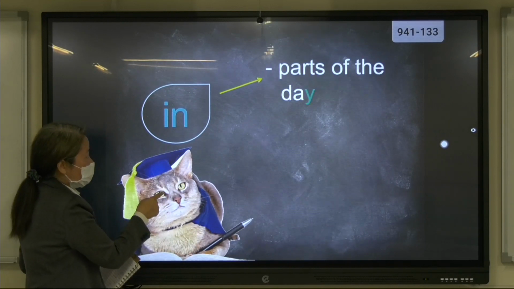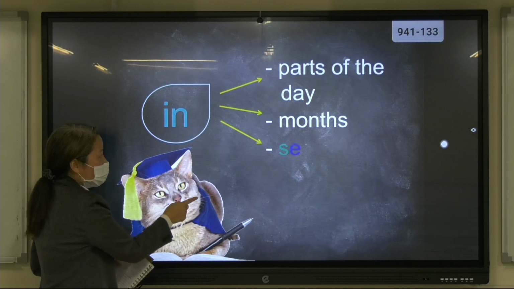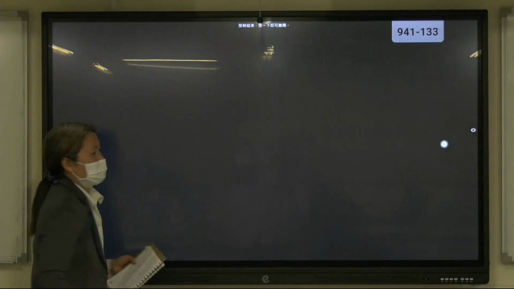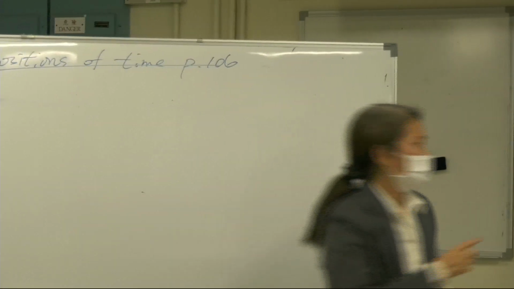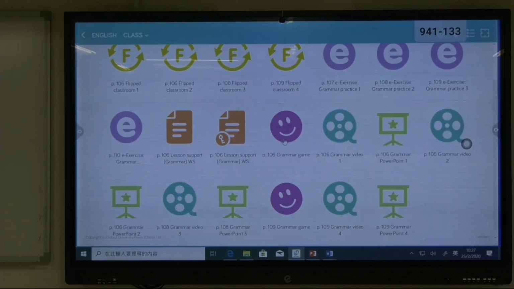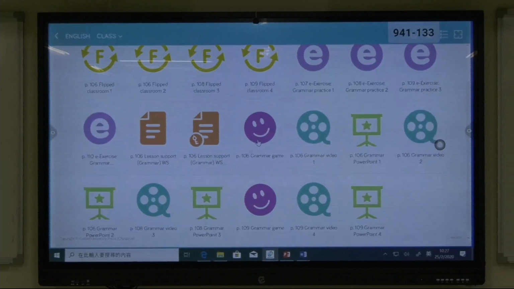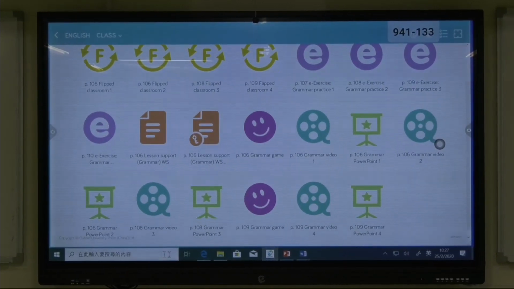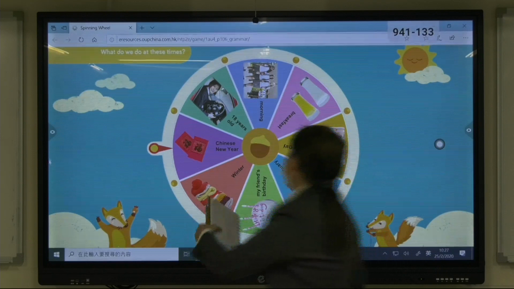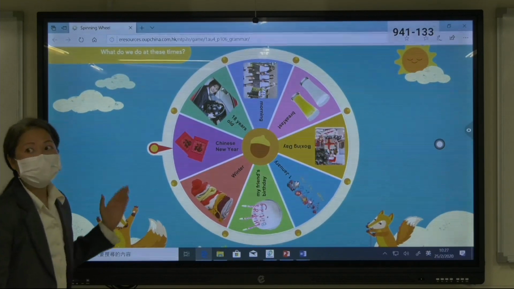And finally, we use in to talk about parts of the day, months, seasons, and years. If you know how to use them.